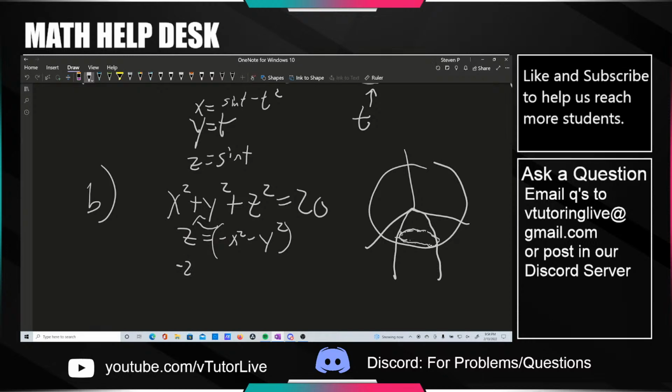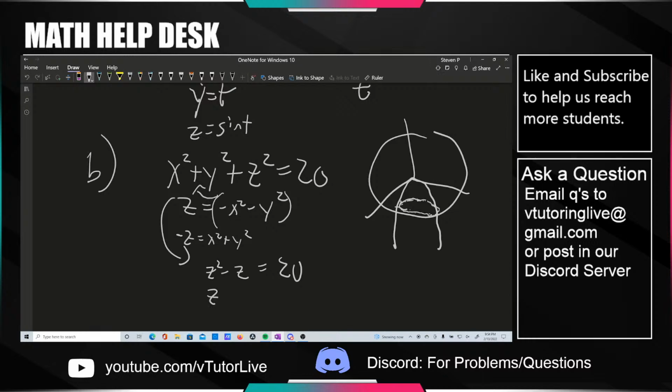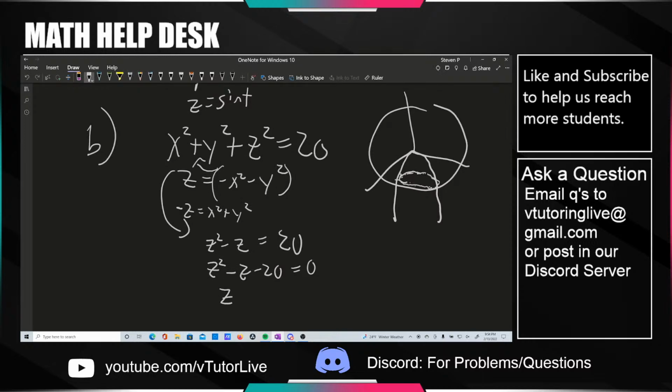So basically that's minus z is equal to x squared plus y squared. So this equation becomes z squared minus z equals 20. So z squared minus z minus 20 is equal to 0. This is simple enough. We don't even need the quadratic equation. This is z minus 5 times z plus 4 equals 0.